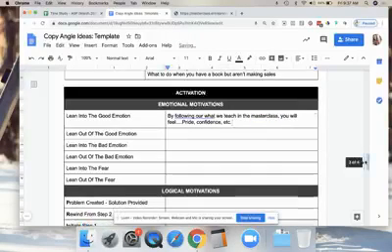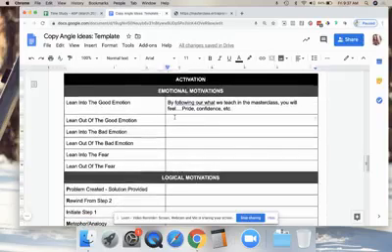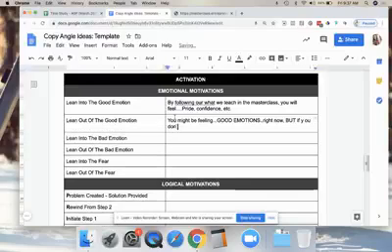Leaning out of the good emotion. So you might be feeling, and then talk about good emotions right now, but if you don't, XYZ, then it won't last long.